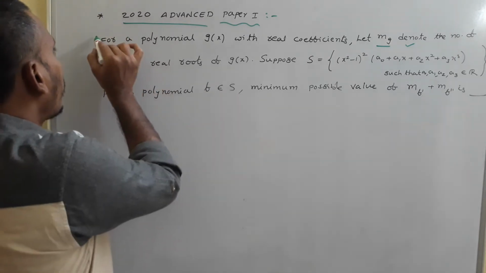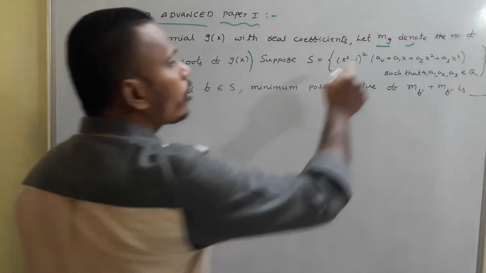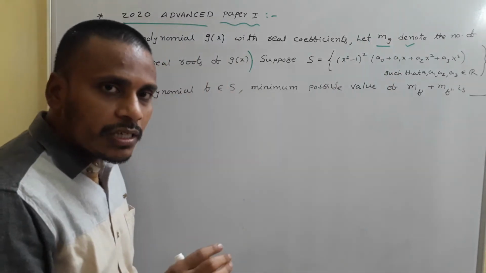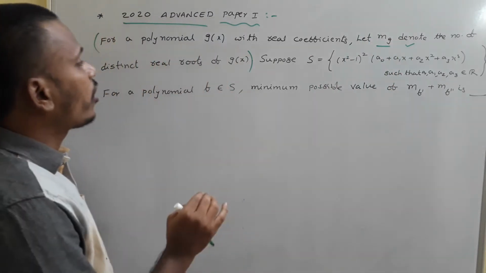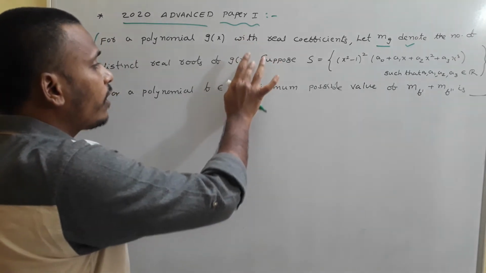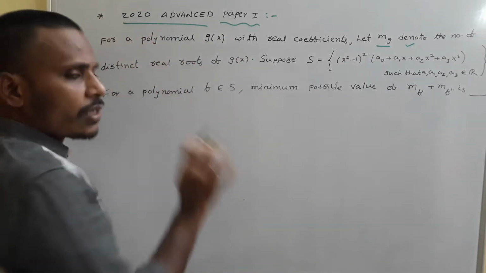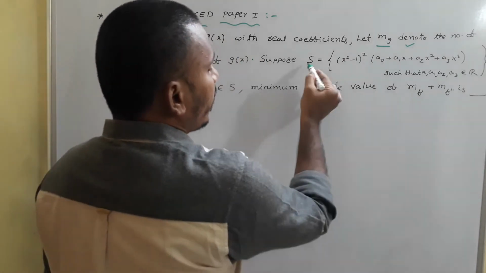So this part of the problem is just explaining about mg. What is mg? Number of distinct real roots of g of x. That's it. So this part is just mentioning a notation. And now s is given.